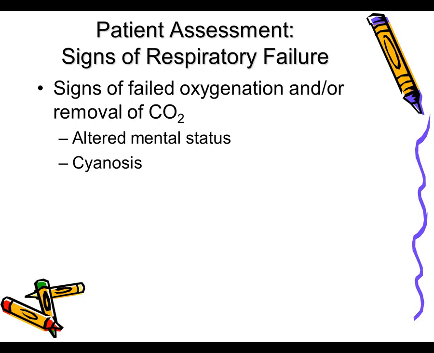Now, cyanosis may or may not be present depending upon how many red cells the person has. When red cells are deoxygenated, they turn blue or purple. And that may give the skin a blue or purple tinge, particularly around the mouth or the fingers. But if I'm anemic and I don't have enough red cells, or I've hemorrhaged and lost a lot of red cells, I can still be severely hypoxic but have SATs that say 94 to 99%, because a pulse oximeter doesn't tell you how many red cells you have.